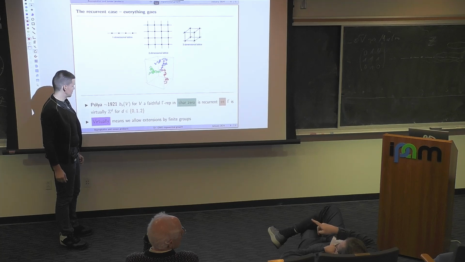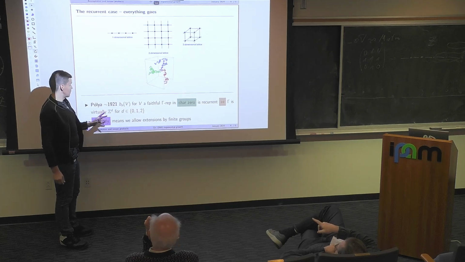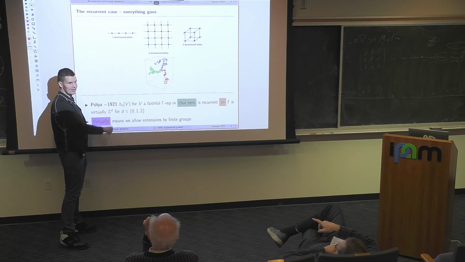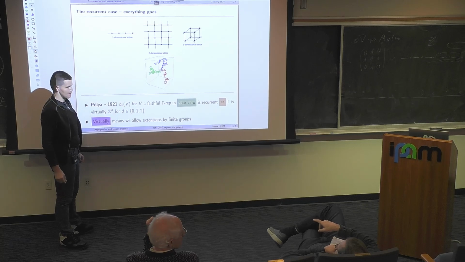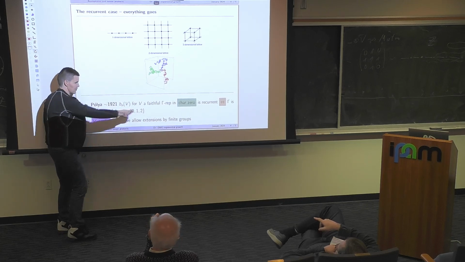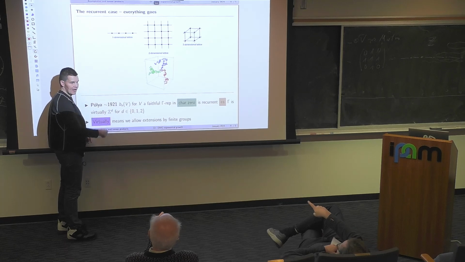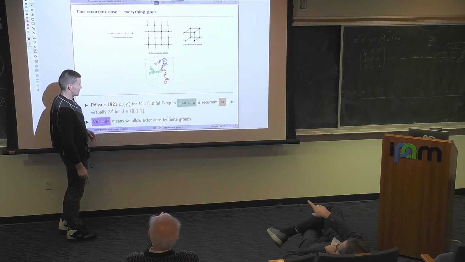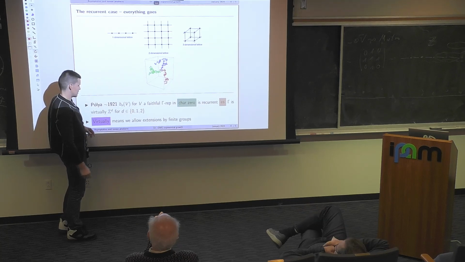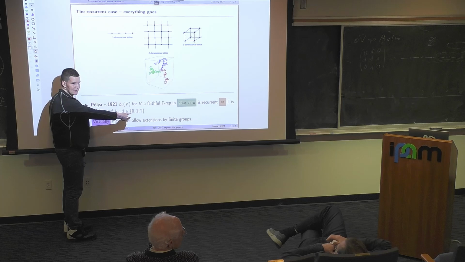But initially, gamma is what? One of those. I should have put gamma on the slide. Gamma is one of those. It's virtually Z to the d. When we say equivalent, this is for which class of groups? This theorem: gamma is of this type.